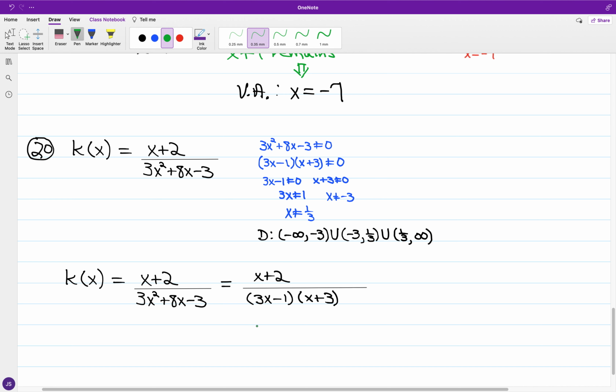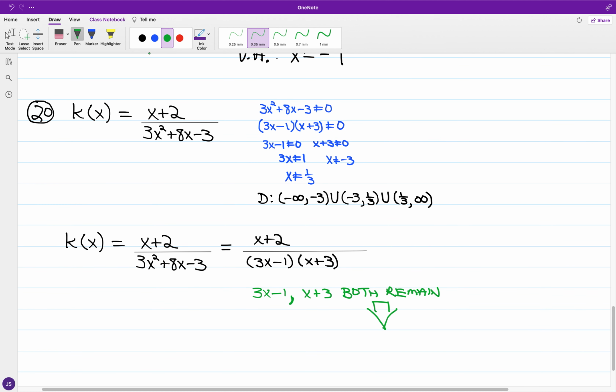Okay, so 3x minus 1 and x plus 3 both remain. And so what this is going to signify is that we're not going to have one but two vertical asymptotes.